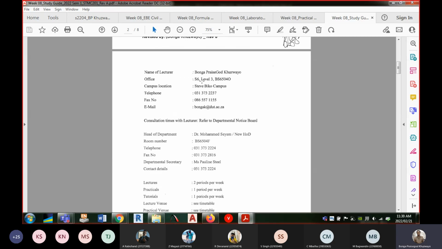My office is on level 3 in the department, so you'll come to the department if you have a permit to enter campus, and then obviously you send me an email if you want to pay me a visit, because you maybe need to ask a few questions. This is where my office is, Steve Biko Campus, S Block.